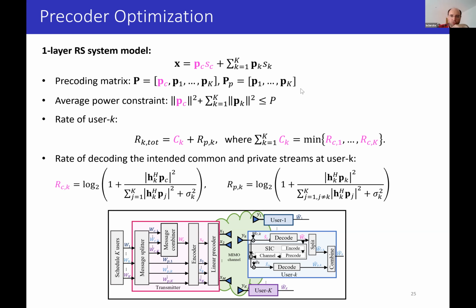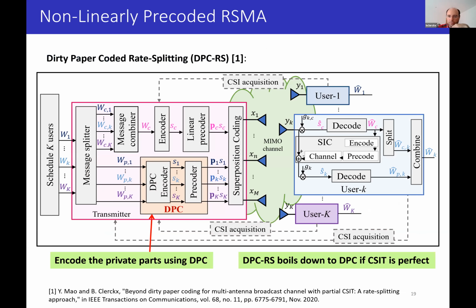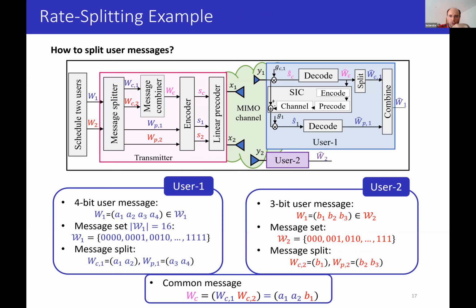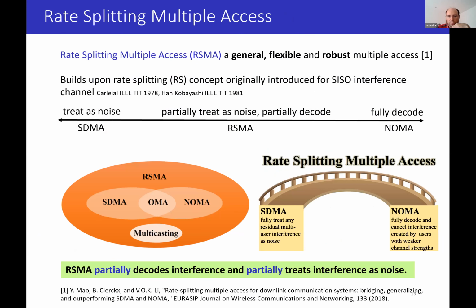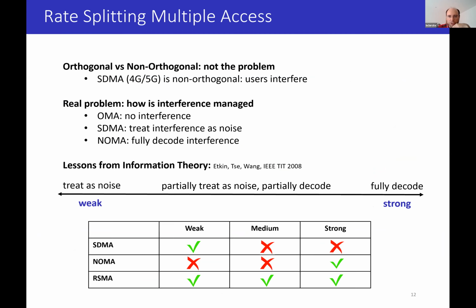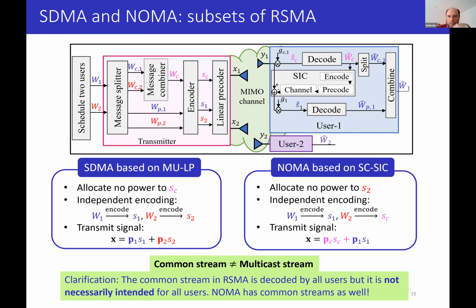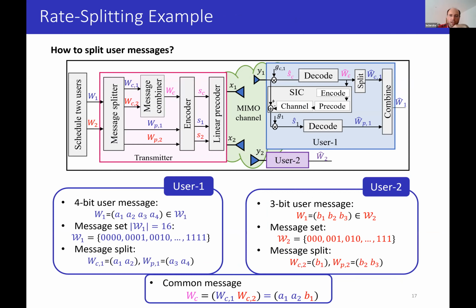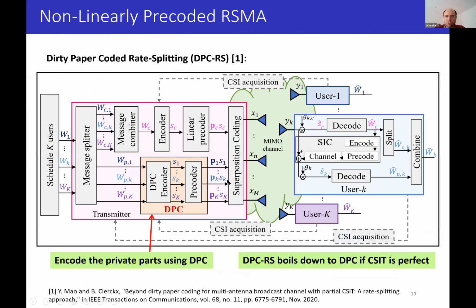Right, so if you do dirty paper coding, the problem is in the encoding. That's the reason why it's not so much used in practice: the encoding part is actually quite complex. The decoding part is not really complex, because in decoding you treat interference as noise.